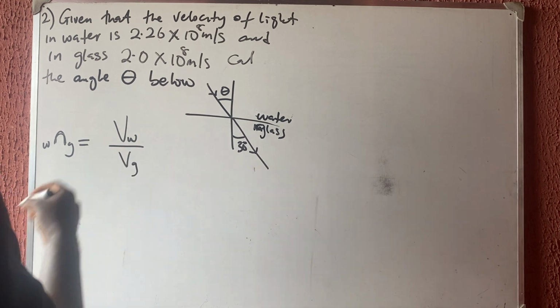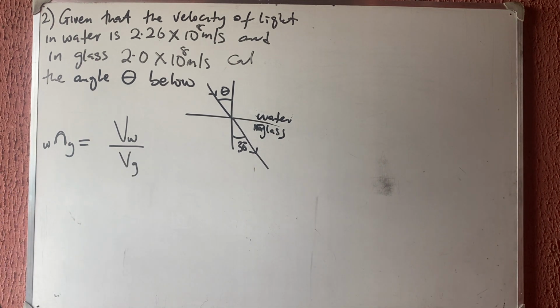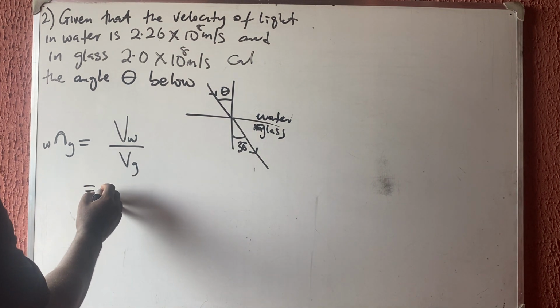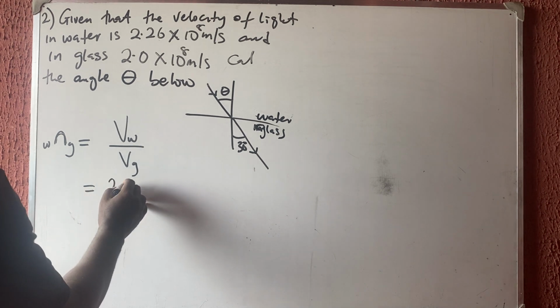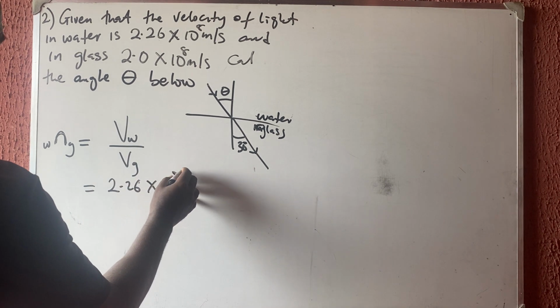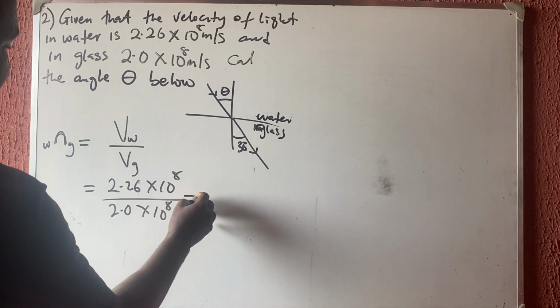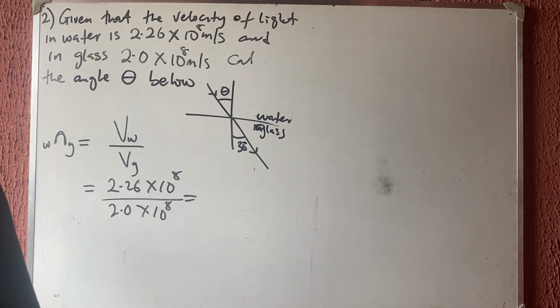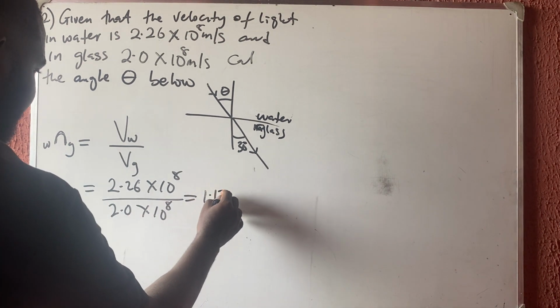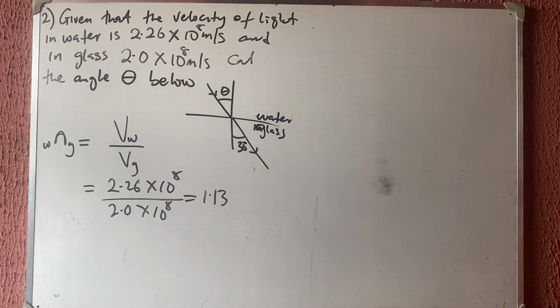So I have 2.26 times 10 raised to power 8 divided by 2.0 times 10 raised to power 8. Taking care of the 10 raised to power 8, I'm going to have 2.26 divided by 2.0, which is 1.13. So 1.13 is the refractive index.